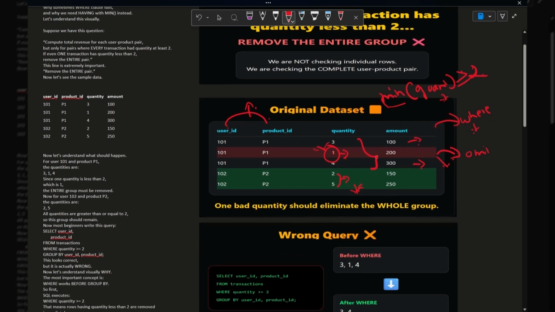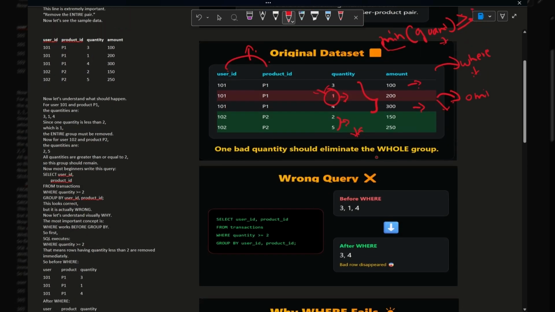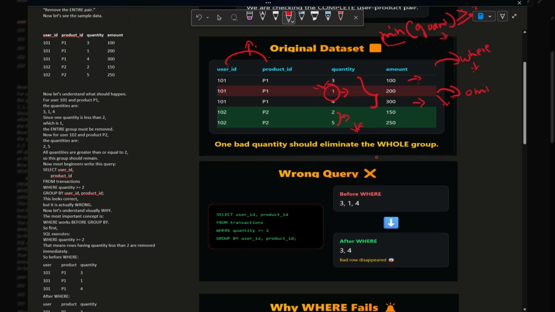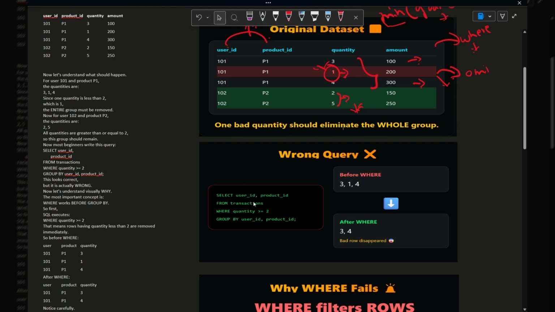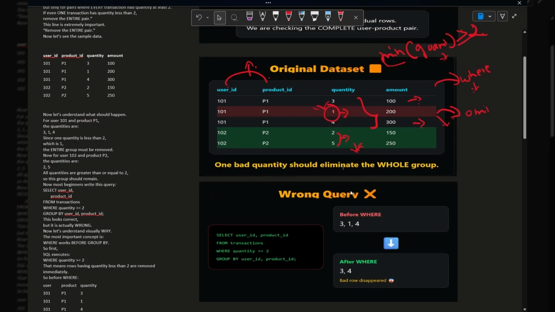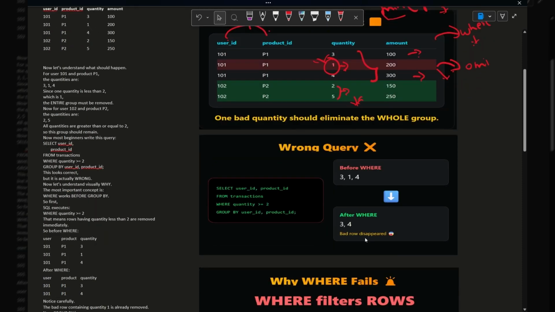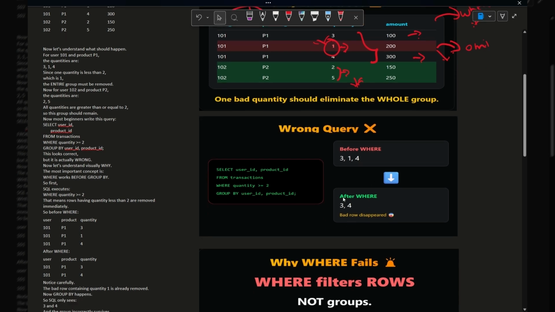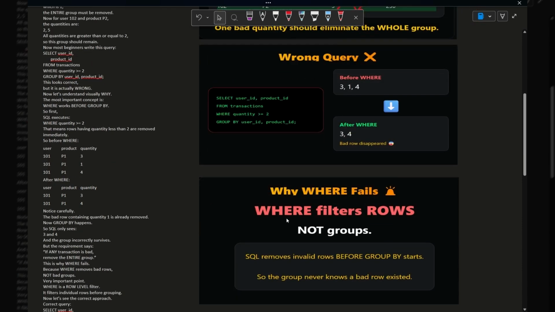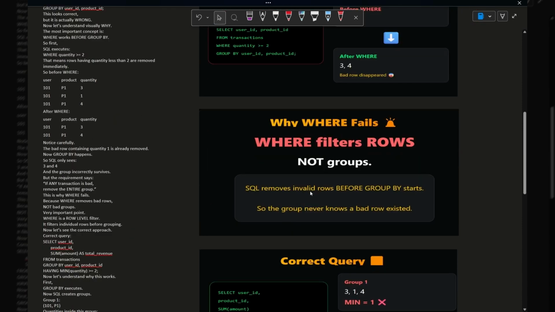The next slides are just a repetition of what I said just now. If we use the WHERE query, the count goes from 4 before WHERE to 3 after, but this is still wrong, because SQL removes the invalid rows before grouping.